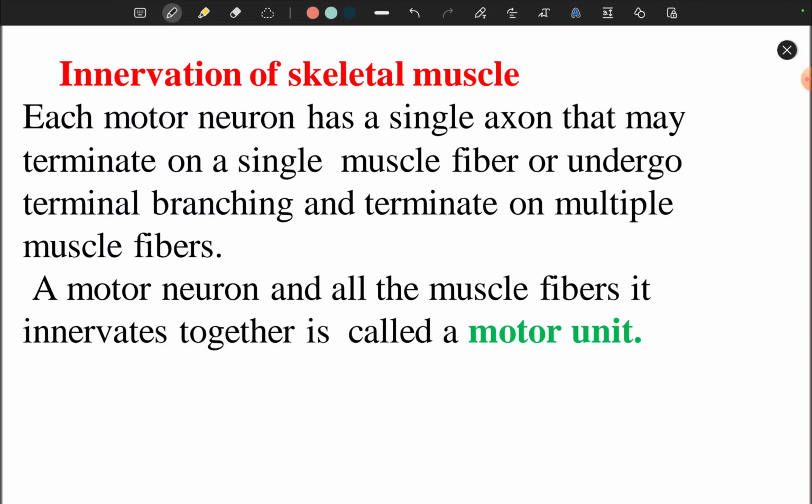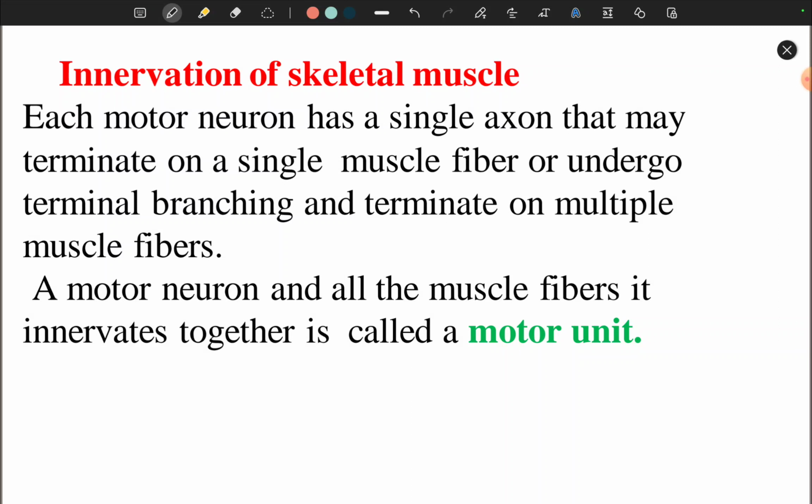The expanded portion is designed for storage of the calcium. A motor neuron and all the muscle fibers it innervates together is called a motor unit.